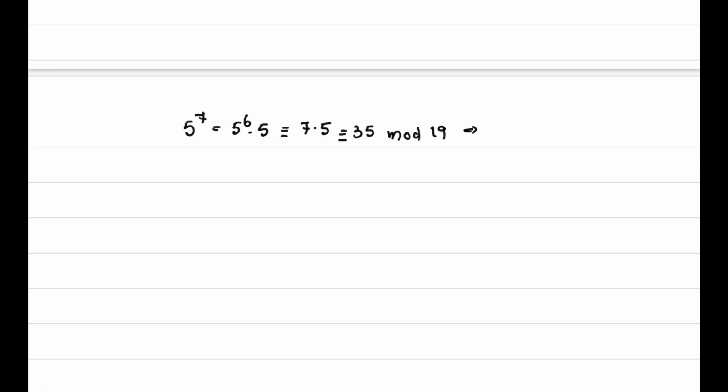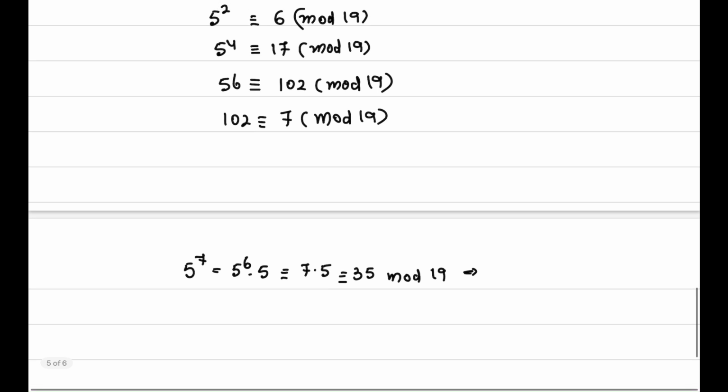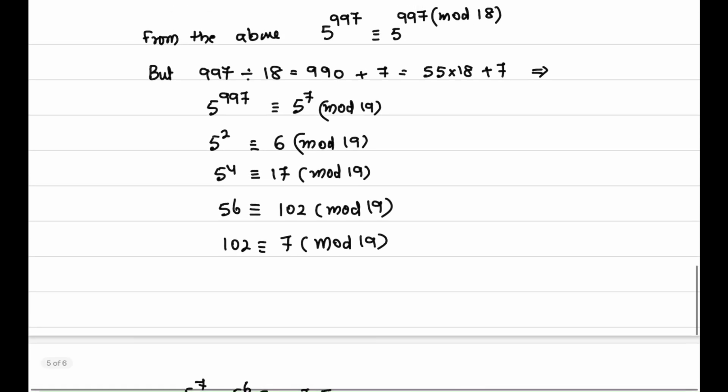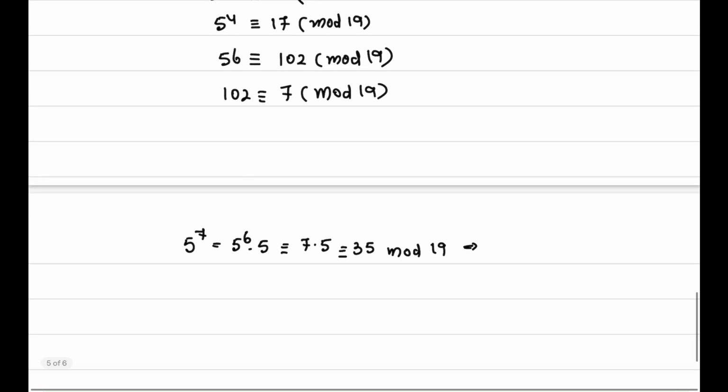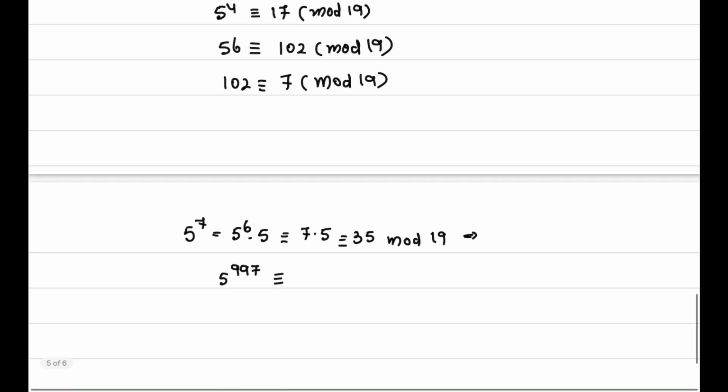That implies 5 to the power of 997 is equivalent to 5 to the power of 7 mod 19.